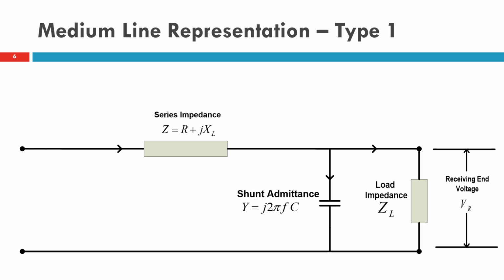That's why we call it the end condenser method. That means the shunt admittance is considered at the end of the line, so the load impedance and the shunt admittance of the line are connected in parallel, and the voltage applied across ZL and the shunt admittance is called VR.